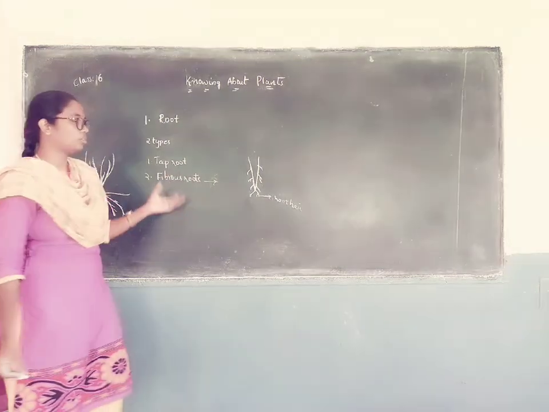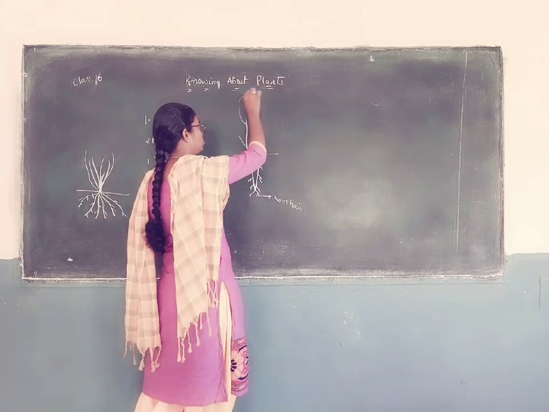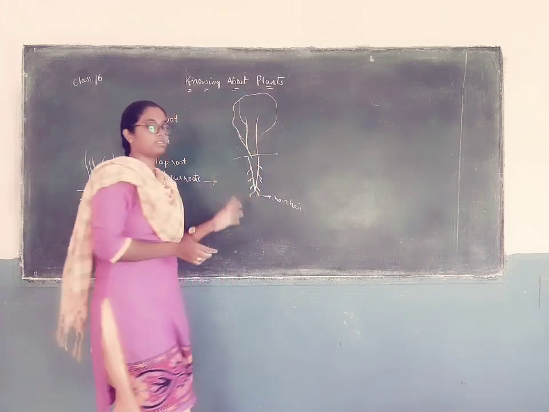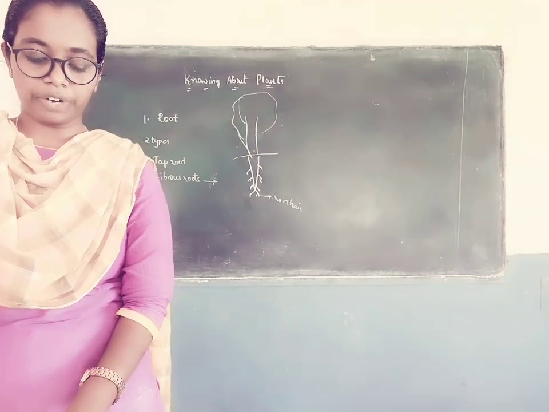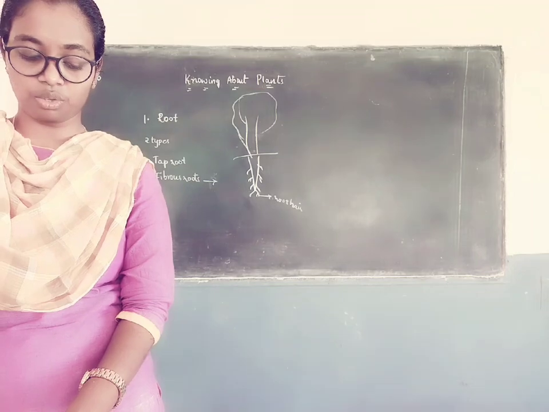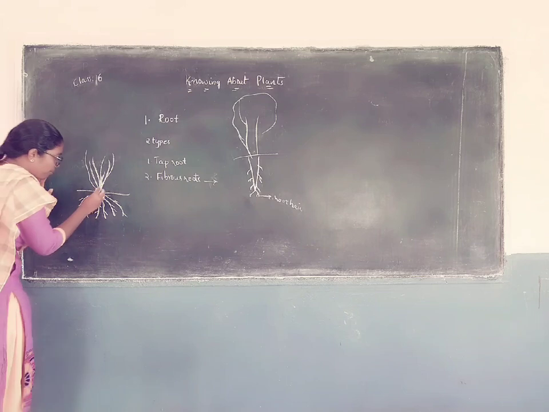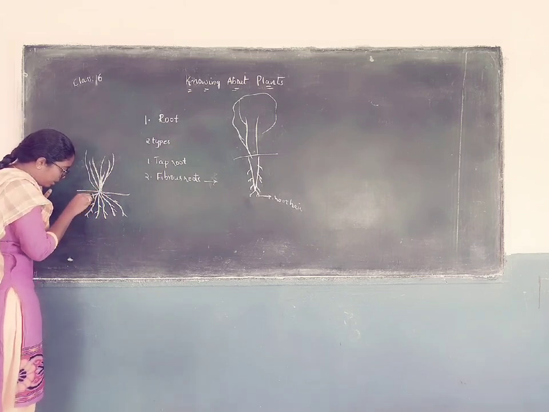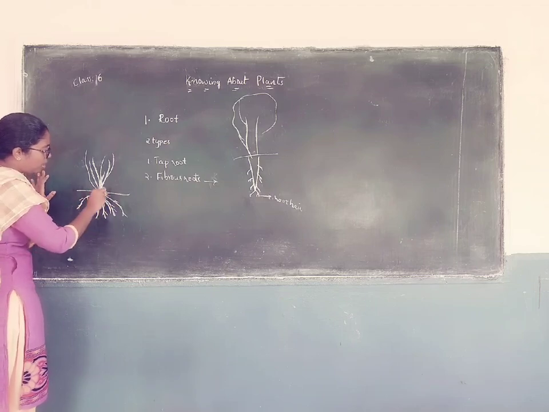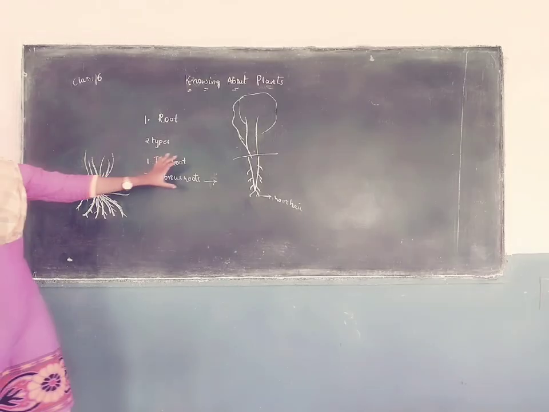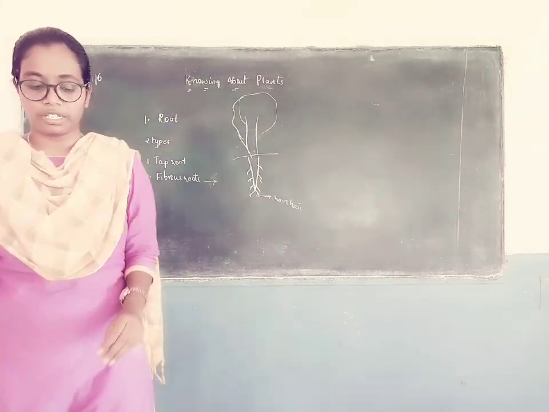Taproot is seen in plants like mango, etc. Fibrous roots consist of a cluster of roots arising from the base of the stem. From this stem part, the roots come out in an irregular manner. But in the taproot system, to the main root, all the root hairs are present.